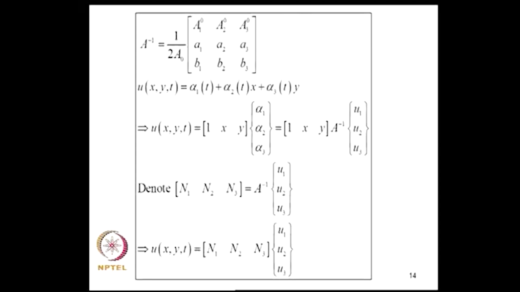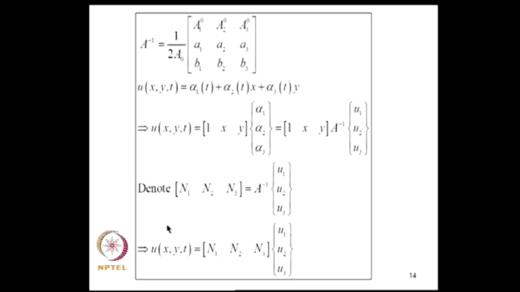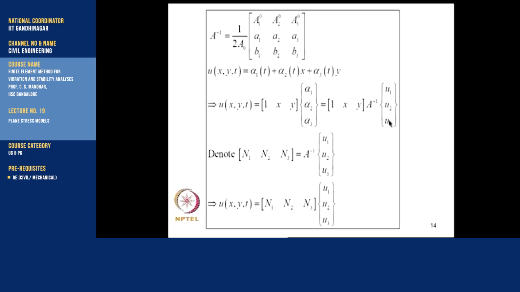Now, to formulate this, I will write u as before, alpha 1 plus alpha 2 x plus alpha 3 y, and I will rewrite it as a row matrix into a column vector, and for alpha 1, alpha 2, alpha 3, based on this relation I will write it as A inverse times u1, u2, u3. So, this is what I am aiming to do: write the field variable u of x, y comma t in terms of the nodal values u1, u2, u3, and these functions serve as interpolation functions.